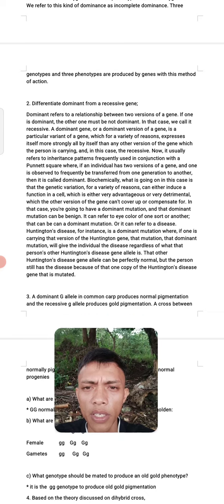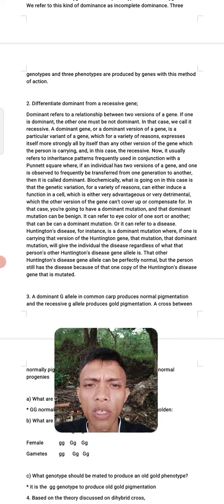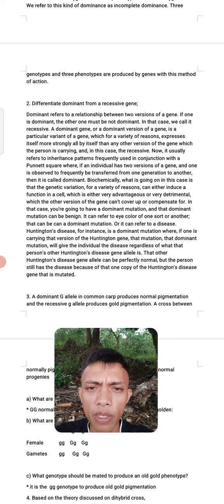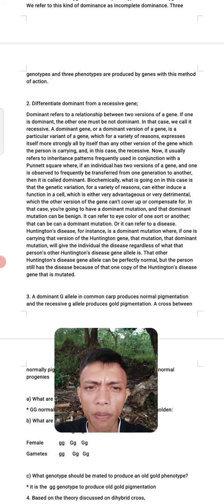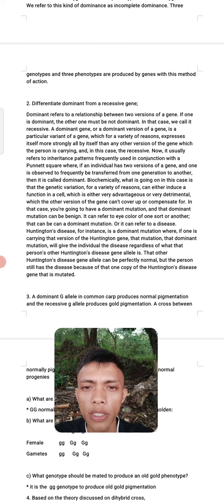usually refers to the inheritance patterns frequently used in conjunction with a Punnett square, where if an individual has 2 versions of a gene and one is observed to be frequently transferred from one generation to another, then it is called dominant.